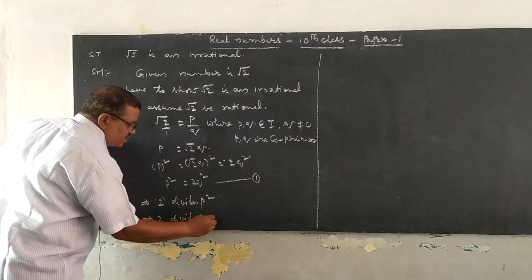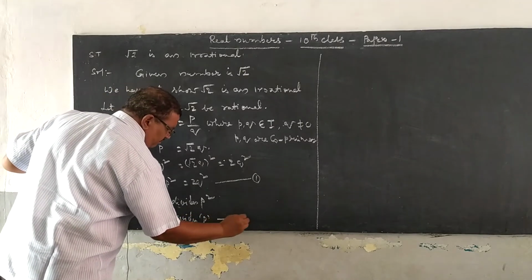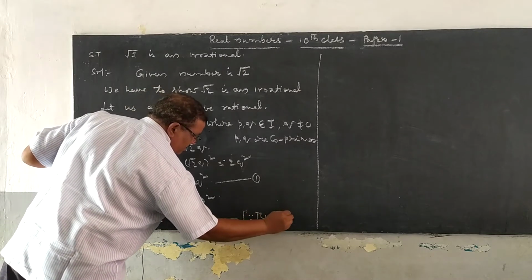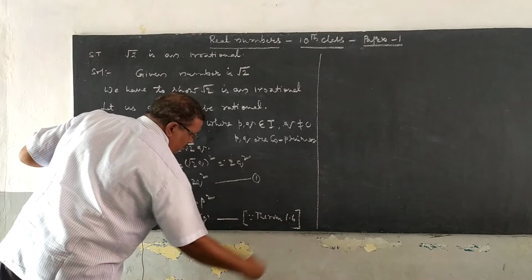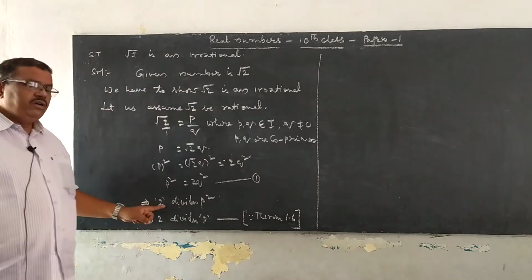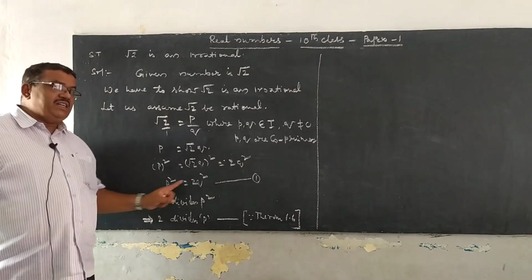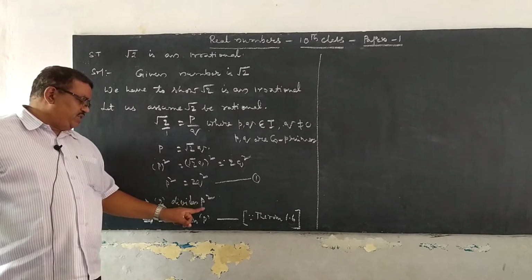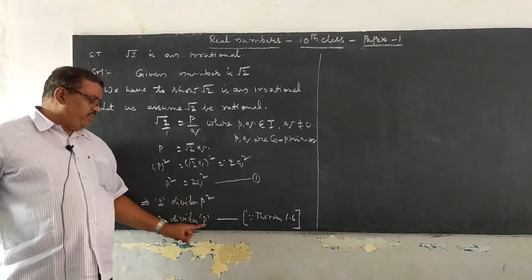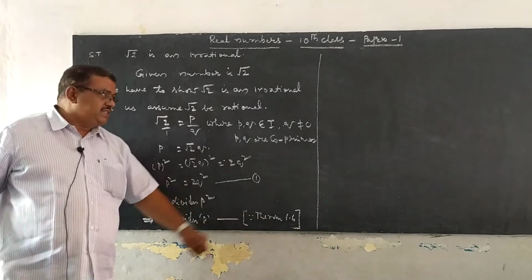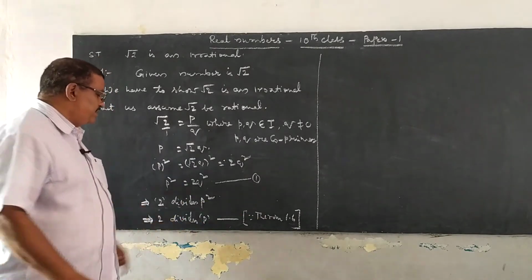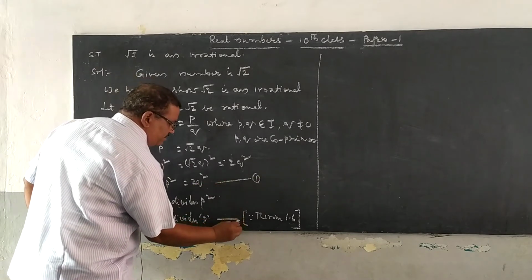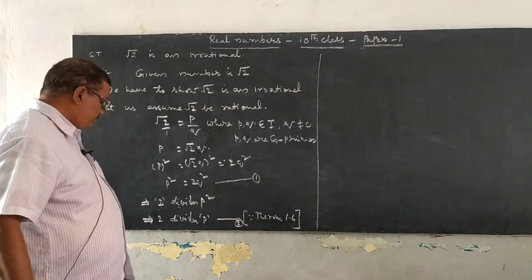In the last class, theorem 1.6, we already proved this: if P divides A square, then P divides A. If 2 divides P square, then 2 divides P, using theorem 1.6. This is equality 2.